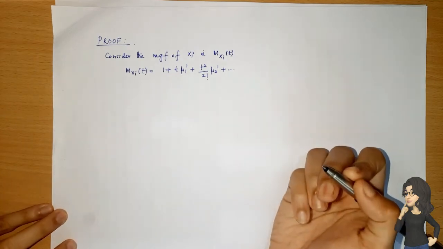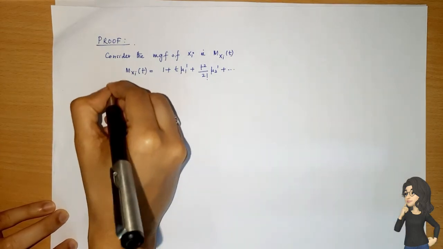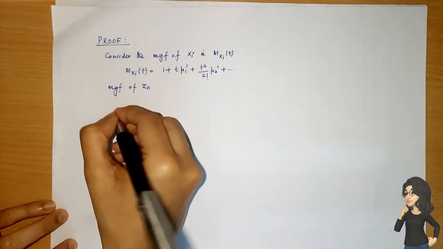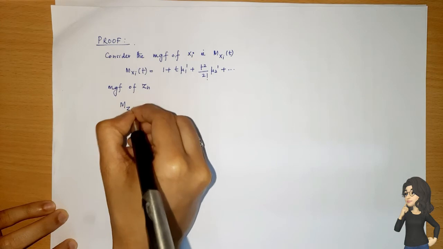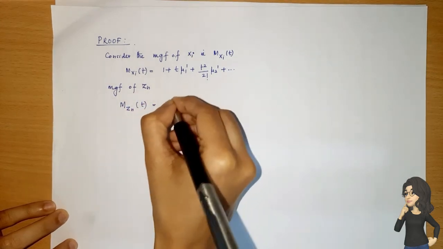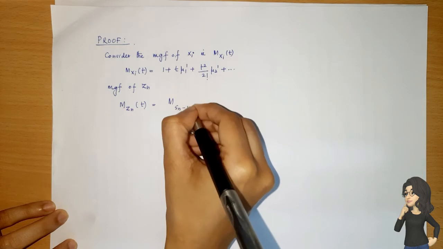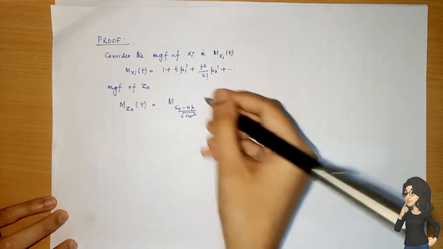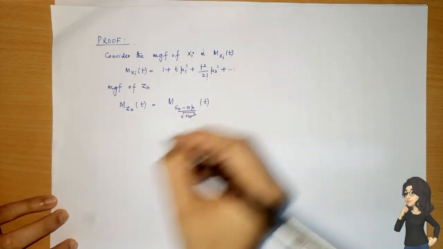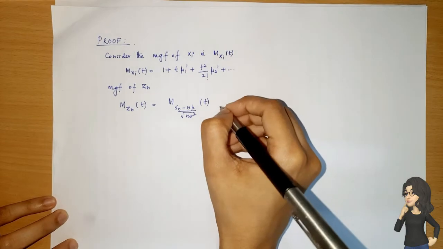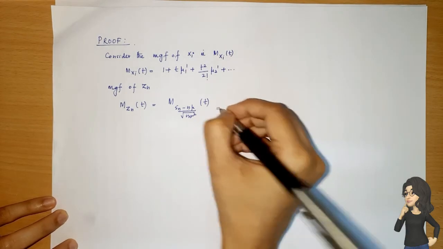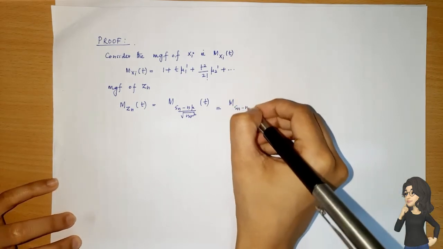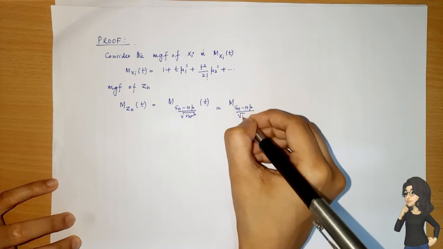Now let us consider the MGF of Zn. We can denote it by MZn of t, which is equal to M of Sn minus n mu divided by root n sigma square, of t, which I can also write as M of Sn minus n mu divided by root n sigma.